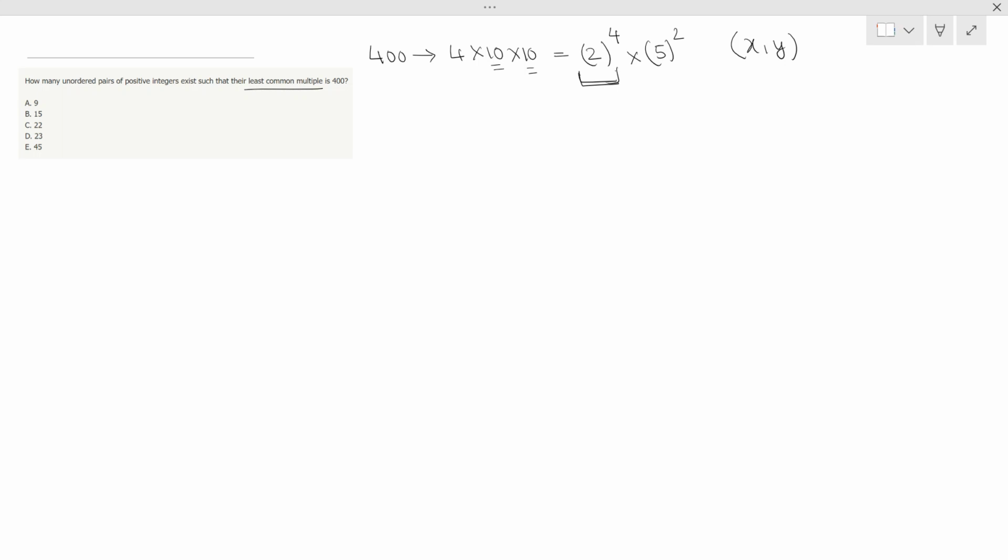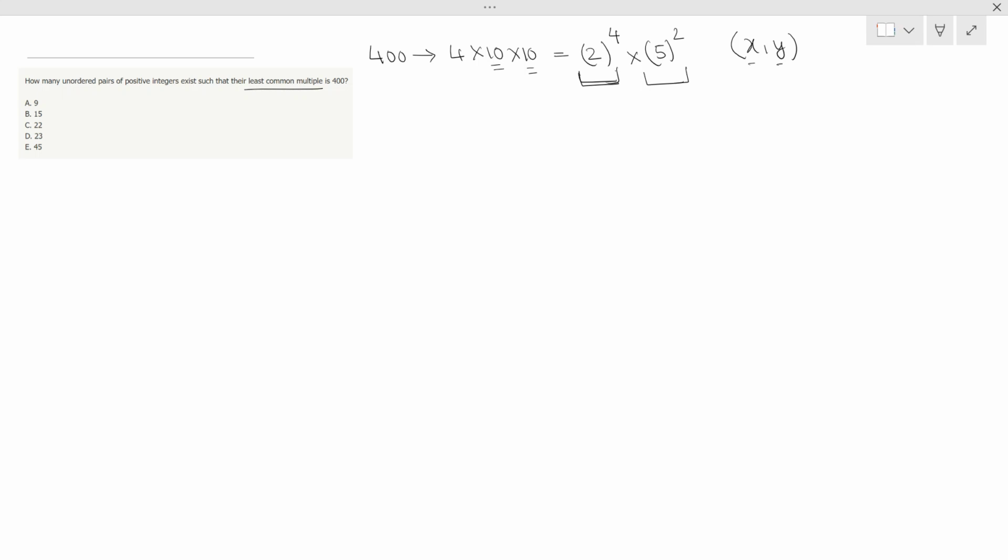Similarly, either x or y or both have 5 square in its prime factorized form. So the fact that the LCM is 400 tells us that at least one of these two numbers, either x or y, will have 2 raised to the power of 4, and at least one of these two numbers will have 5 square in it.